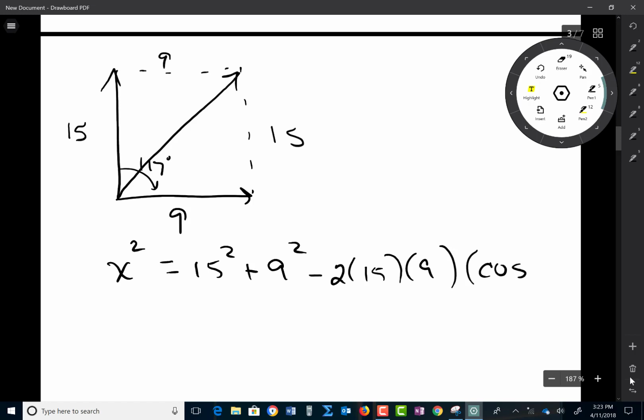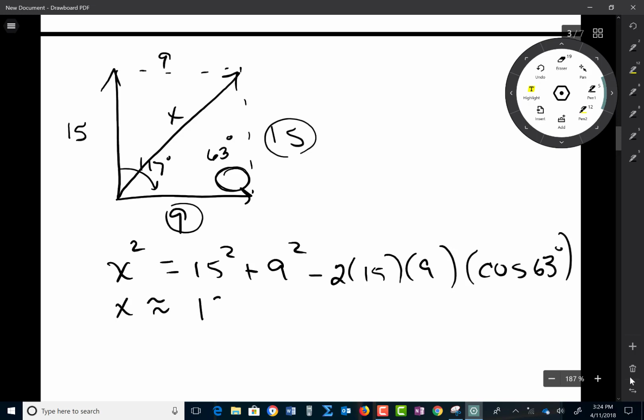And since I'm trying to find this, which I called x, these are my two sides that are around this angle. So that angle is 63 degrees because 180 minus 117 is 63. So that's the angle that you need to use to do your math. So the resultant is approximately 13.5434. So there's that one.